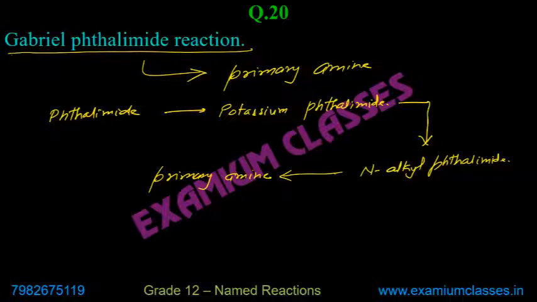Now, when I say primary amine, remember I'm talking about aliphatic, because although phthalimide is aromatic, the amine produced is aliphatic. So here I need to be specific.